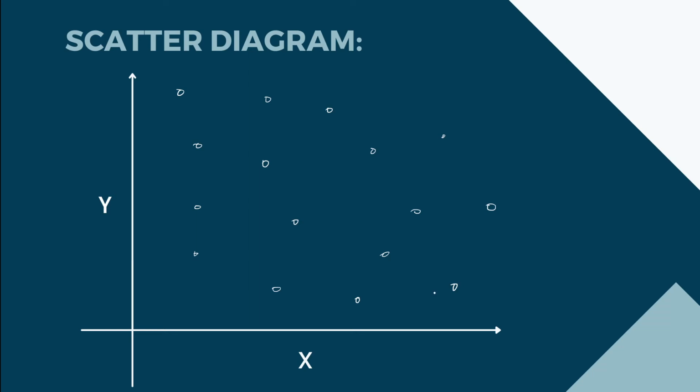Then we say that there is no correlation between the two variables x and y. It is known as zero correlation. Here x and y are independent and they are uncorrelated with each other.